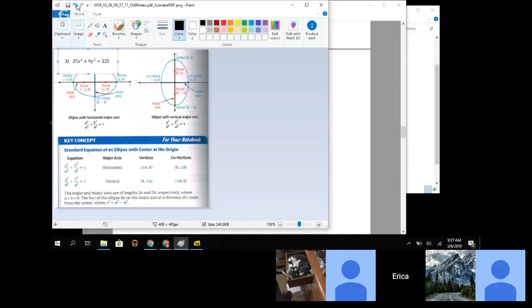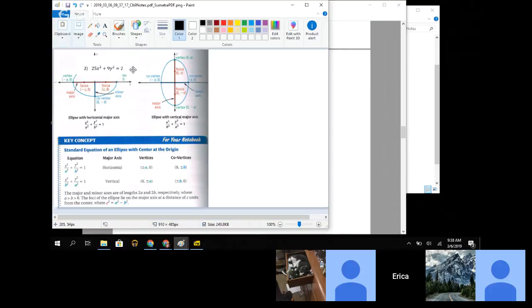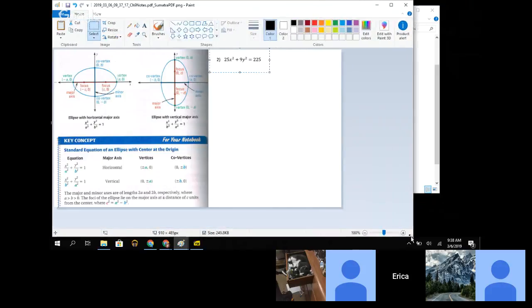I need to make this bigger. There we go. All right, so here's your equation, and we want to be able to graph this ellipse. We've got 25x squared plus 9y squared equals 225.